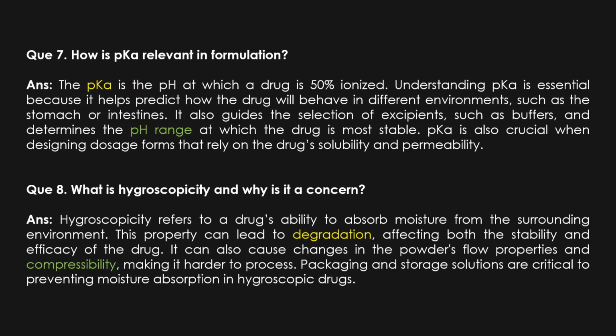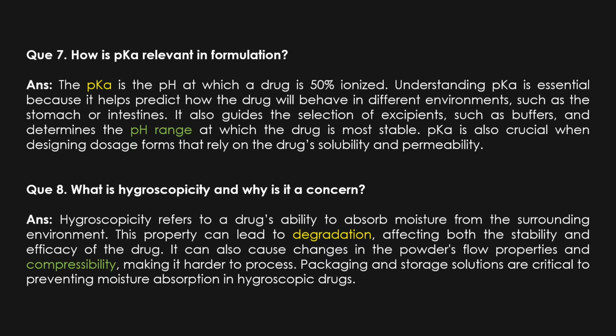Next question is, how is pKa relevant in formulation? The pKa is the pH at which a drug is 50% ionized. Understanding pKa is essential because it helps predict how the drug will behave in different environments, such as the stomach or intestines.